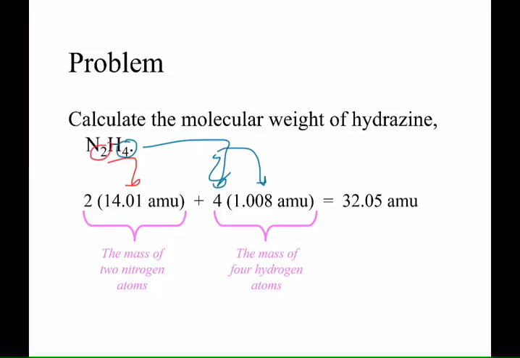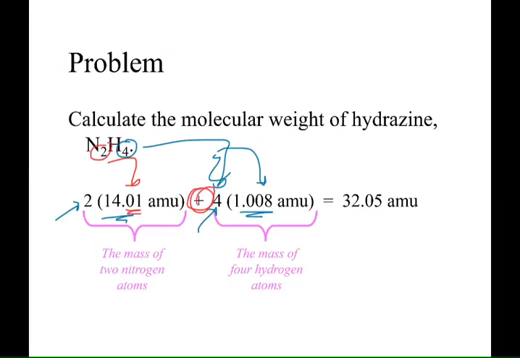Now rounding, I've tried to emphasize round correctly, round correctly, round correctly. As it turns out, these numbers of 2 and 4 are exact numbers. There is uncertainty in these masses, and since we're adding, we round according to decimals.